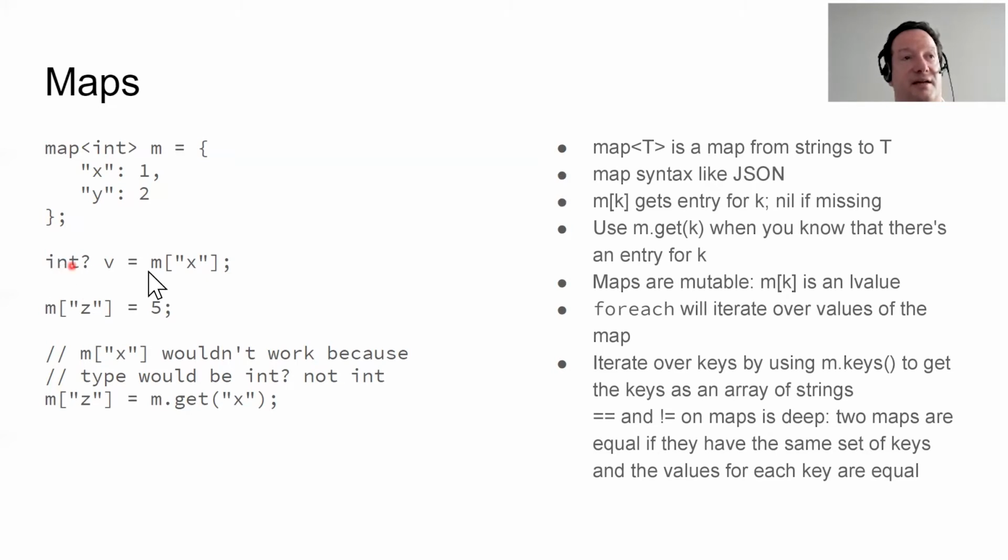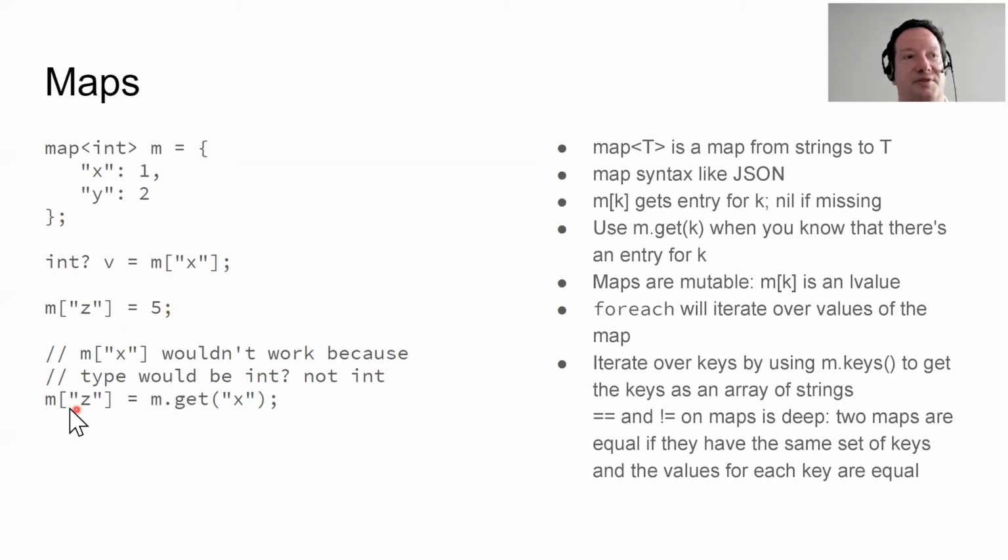So here we're looking up, where we can use square brackets to index into a map, and if it's not there, you'll get a nil. So the type here has to be int question mark, not int. And we can assign, again, also using square brackets.